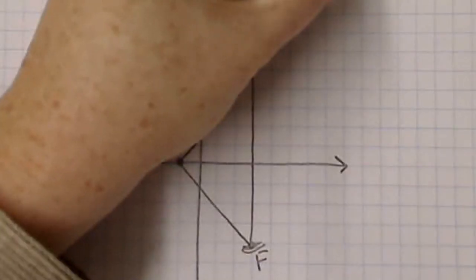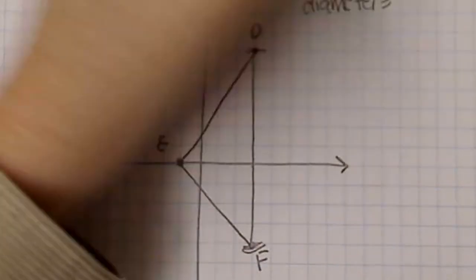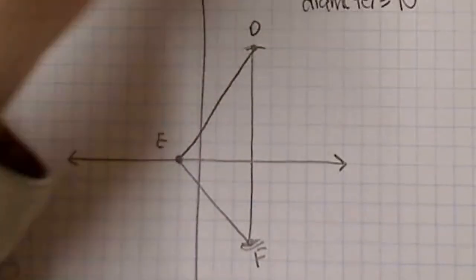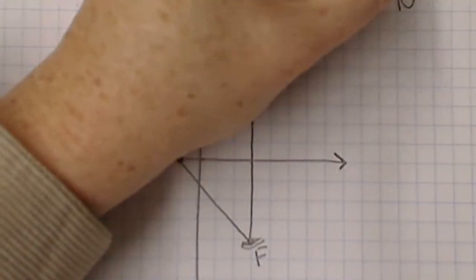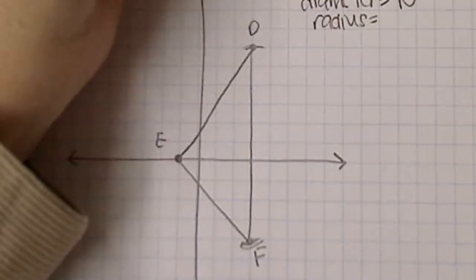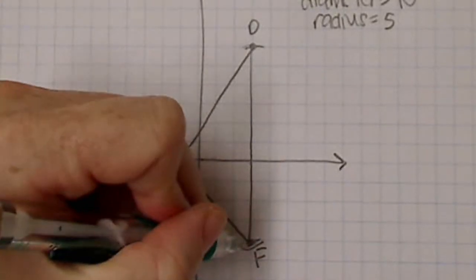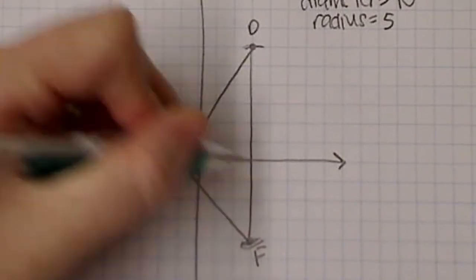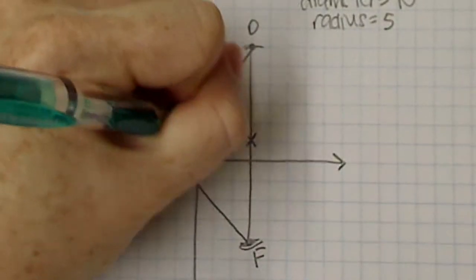So how big is my diameter? It's 10 units. So how big is my radius? It's going to be 5. So let's find the center. 1, 2, 3, 4, 5. Here's my center right there.